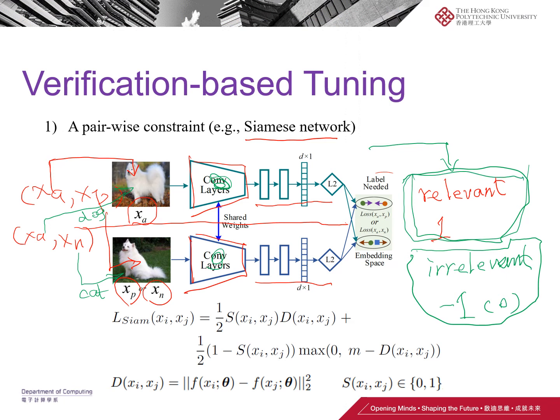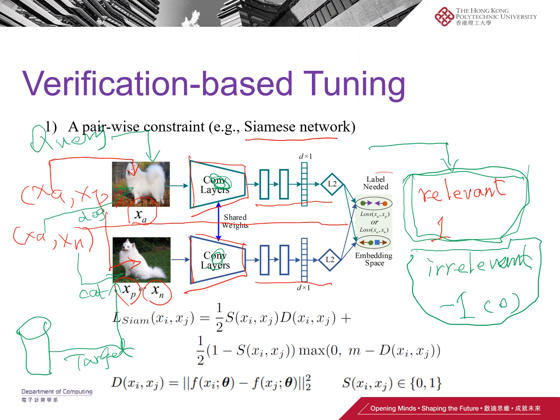So again, let me summarize. At runtime, you have a query. After the network has been trained, the query goes here, and from the dataset, you can take each image as a target, and the target goes here.